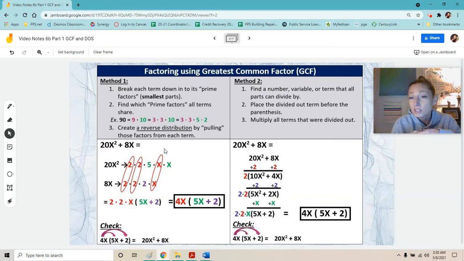I like to do the second method, which is to just divide one step at a time and divide things out. And everything that we divide out, we're going to end up multiplying and combining together in the end. And really all this is a reverse distribution. We've learned distribution before, which is where you multiply something on the outside of a parentheses through. This is just doing the opposite of that. So doing a reverse distribution.